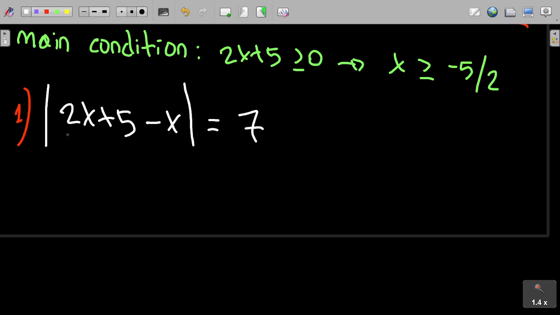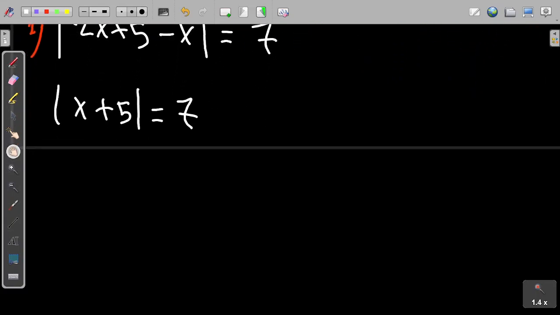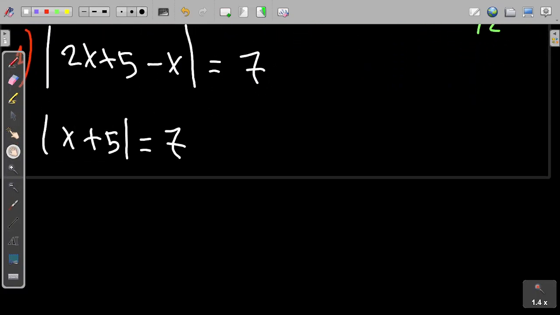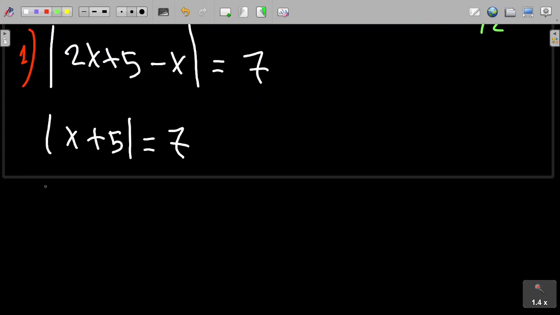Now we can write this in another form, just solving this simple equation. So 2 times x minus x will be x, so we get x plus 5 equals 7. And now we got a new, simpler equation to solve, and we need to put a new condition.